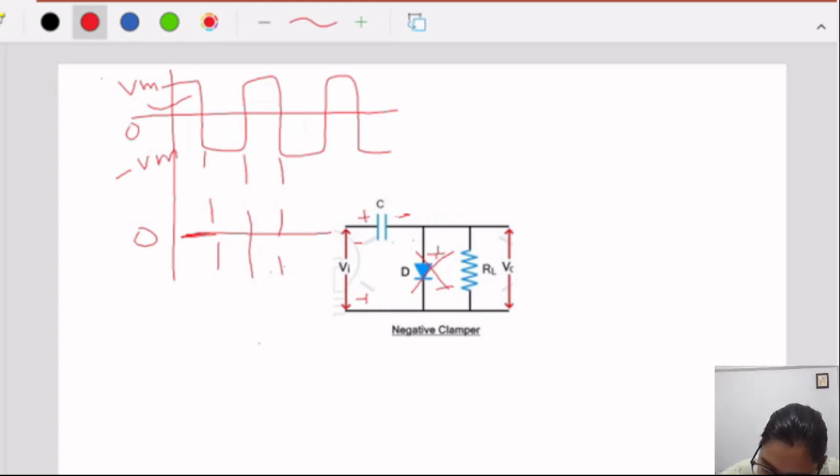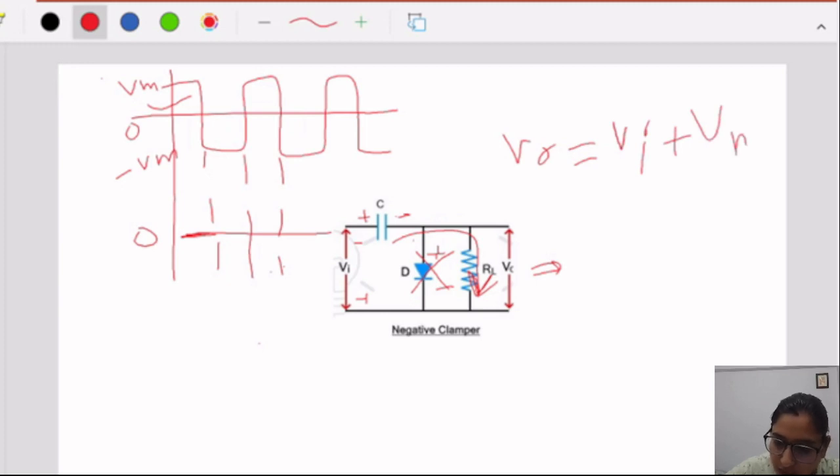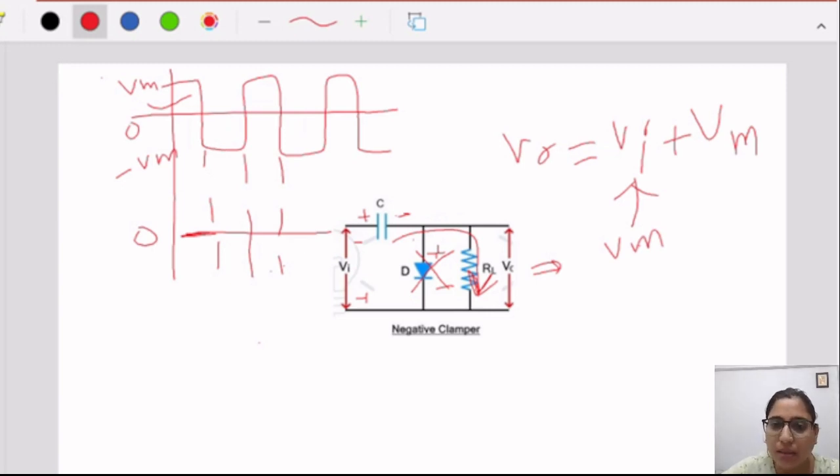It means whatever current is flowing in the circuit will go towards the resistor RL, so we will get something at the output. So what will we get at the output? We will get the input voltage plus the capacitor voltage at the output. If we consider Vi is similar to Vm, why so? Because this input voltage fully charged the capacitor. So this Vm and Vi are similar to each other.